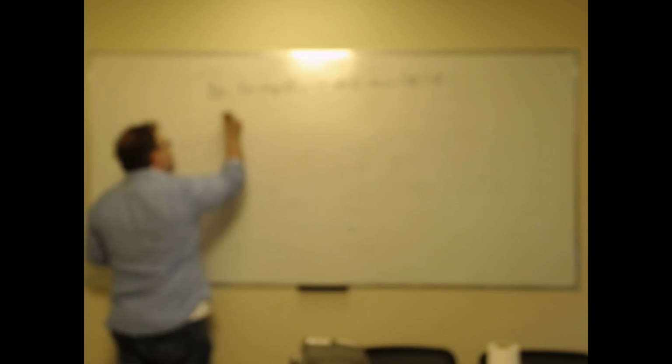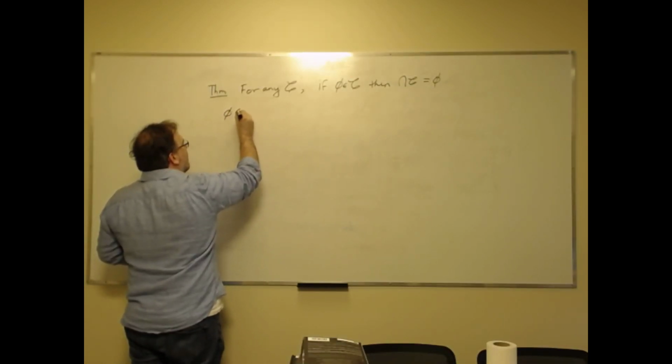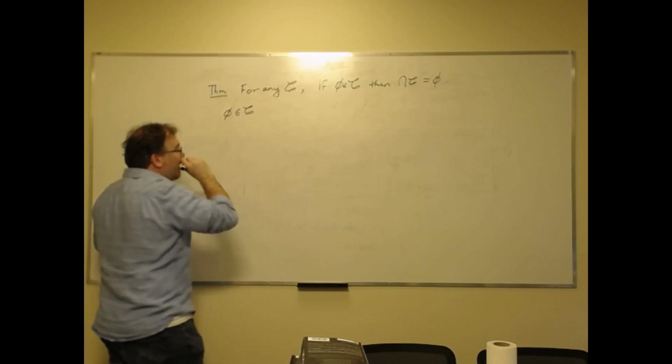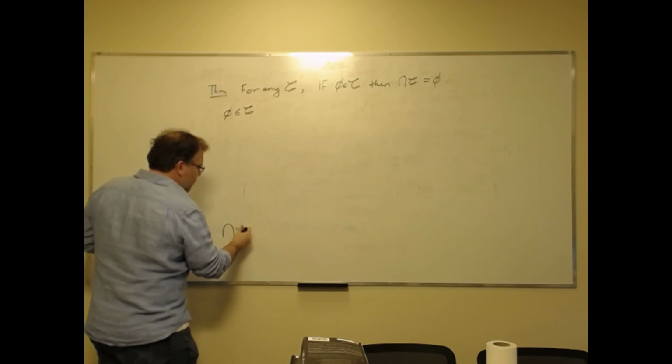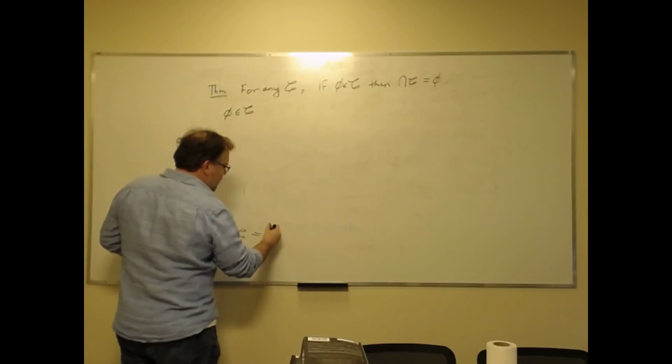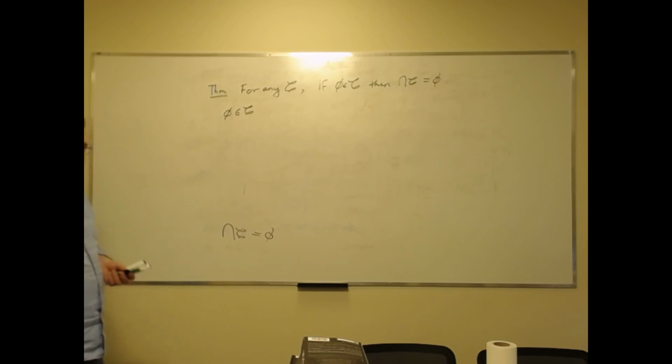So how would we go about showing that? Well, we would start with the assumption that the empty set is in the collection. And we try to get to the conclusion that the intersection is the empty set.